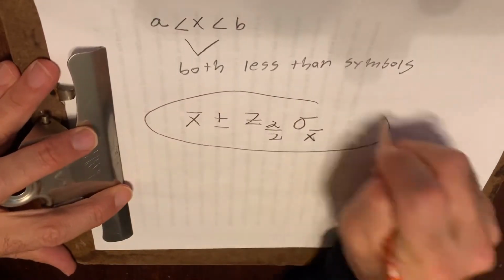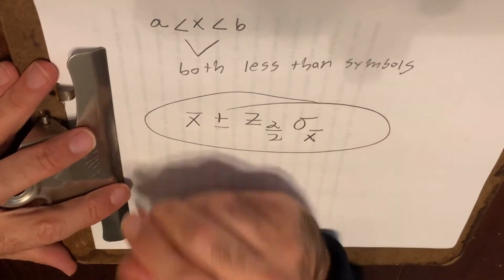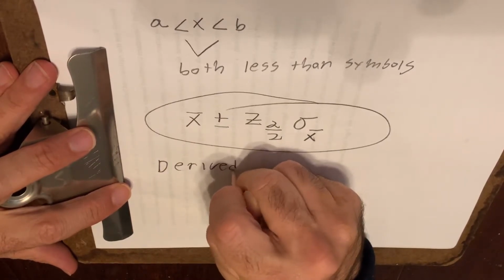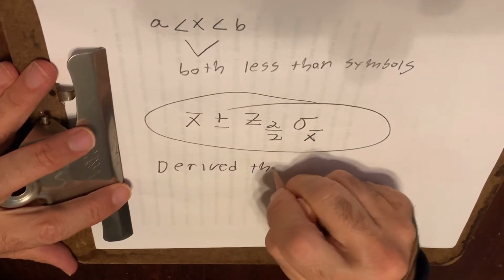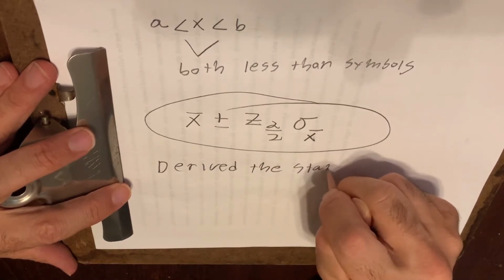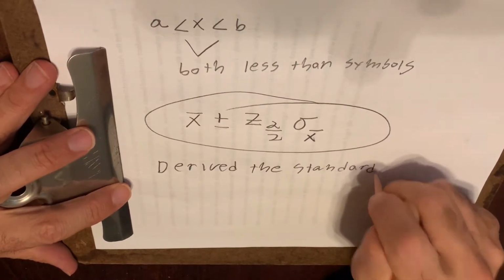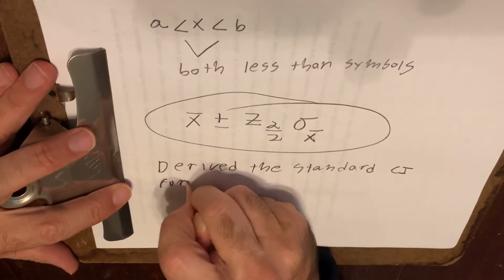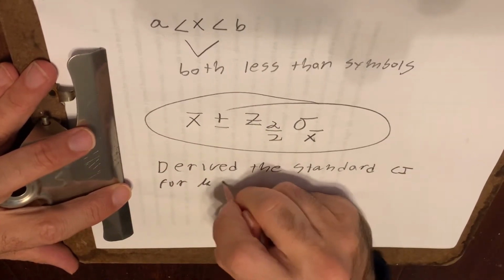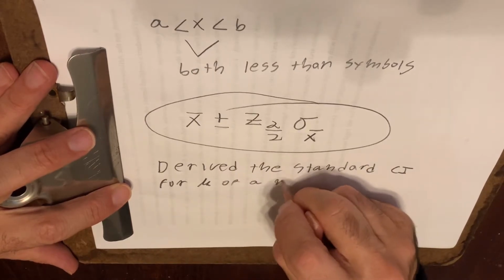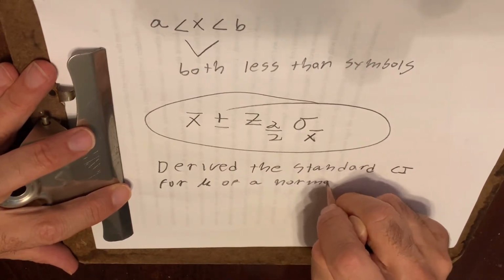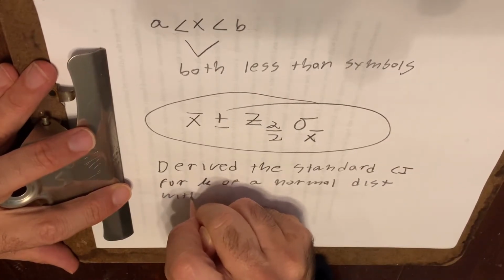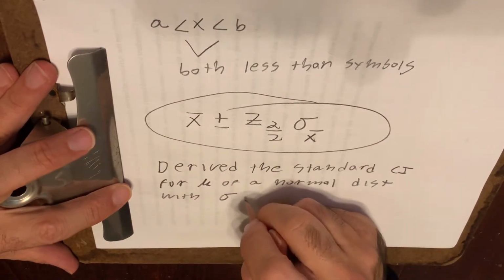So what we have just done is we have just successfully derived the standard confidence interval for the population mean of a normal distribution with sigma known.